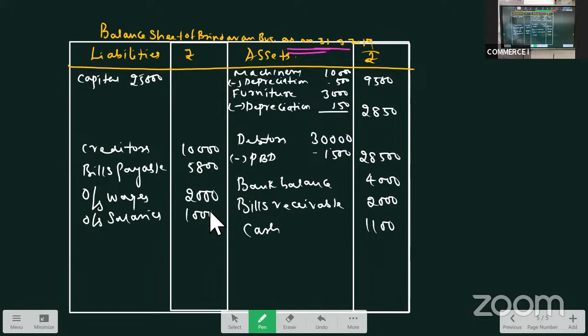Prepaid insurance. Prepaid insurance is an asset. Then the provision for bad debts. We have already taken that 1,500 effect here. Depreciation we have taken. Machinery we have taken. Closing stock.